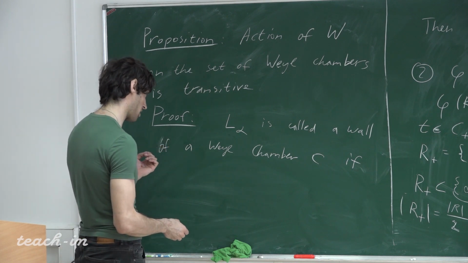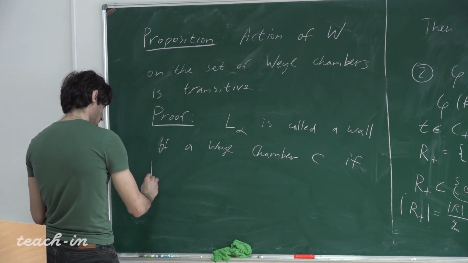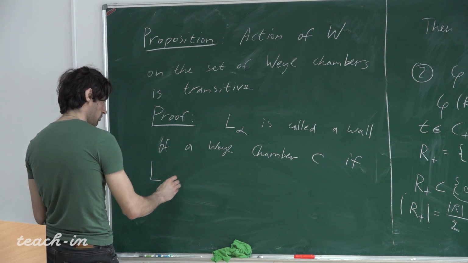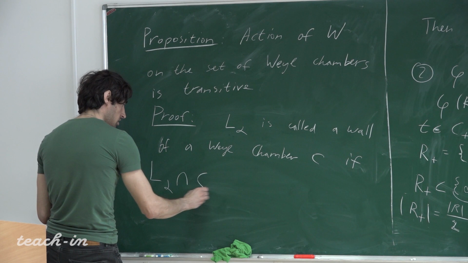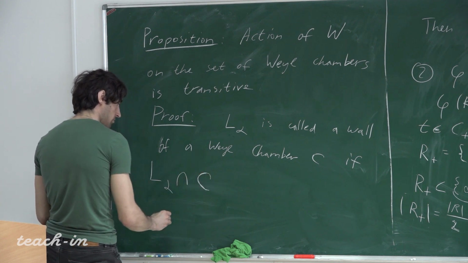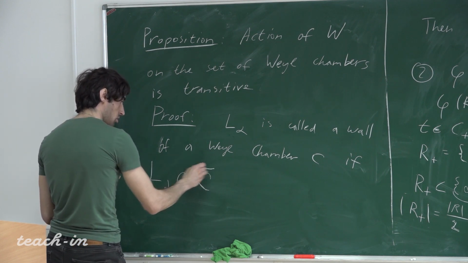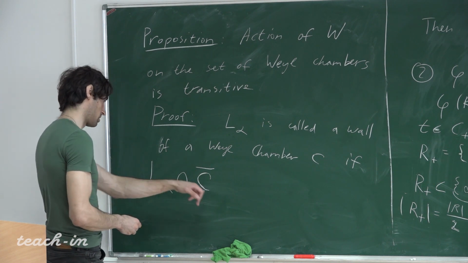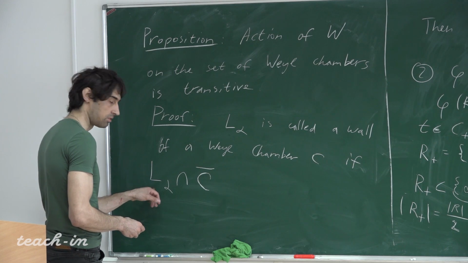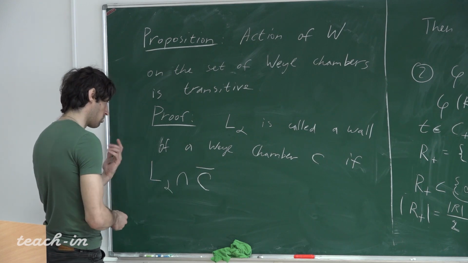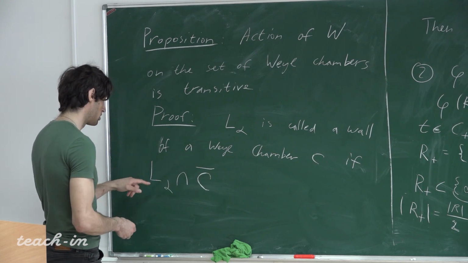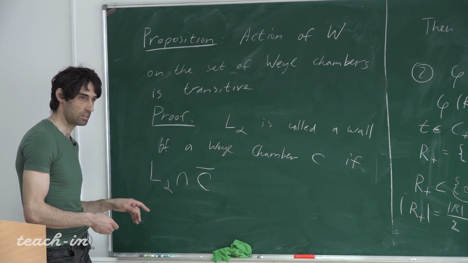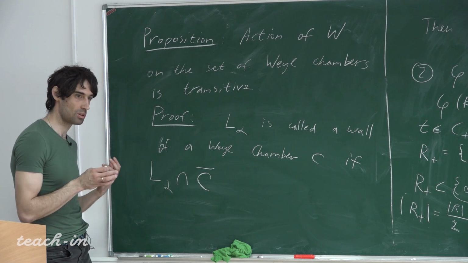All right, so first of all, if an intersection of L alpha and C, I should say the closure of C, because C does not intersect with L alpha, is something of the same dimension as L alpha.